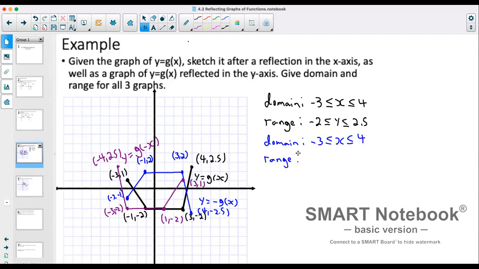Next, we'll look at our range. So our range looks like our lowest point was -2.5 and our highest is 2. So you'll see our range did change. Essentially, whatever was here ended up being multiplied by -1 and ends up here. Whatever is here was multiplied by -1 and ended up here.